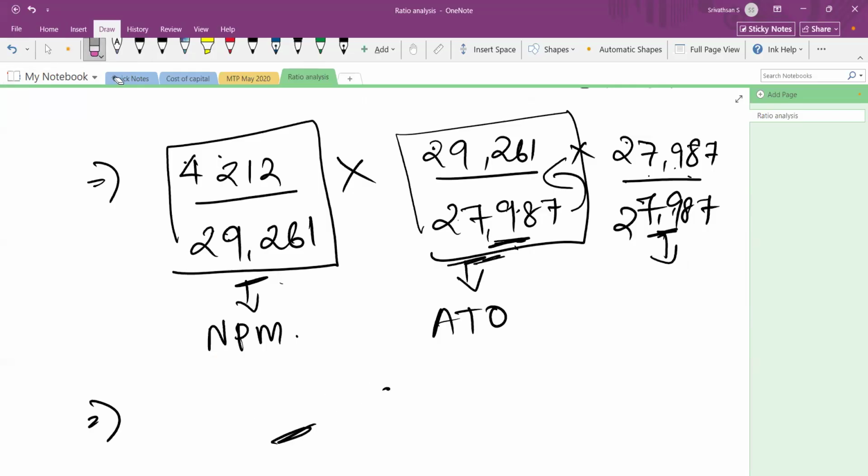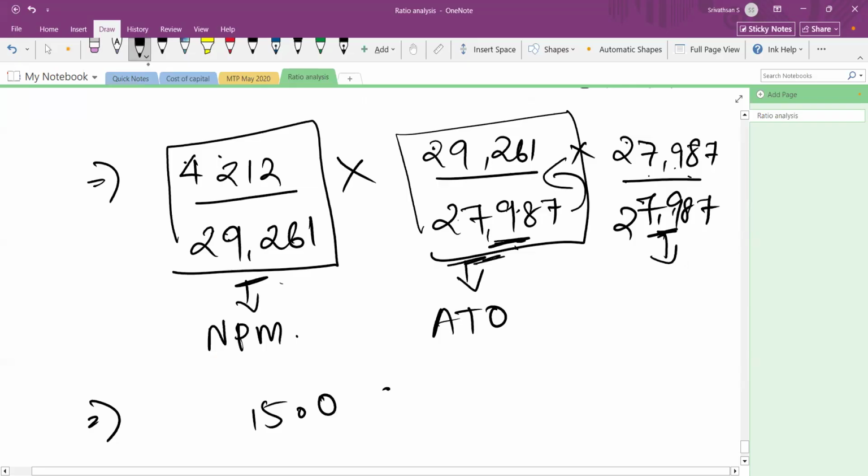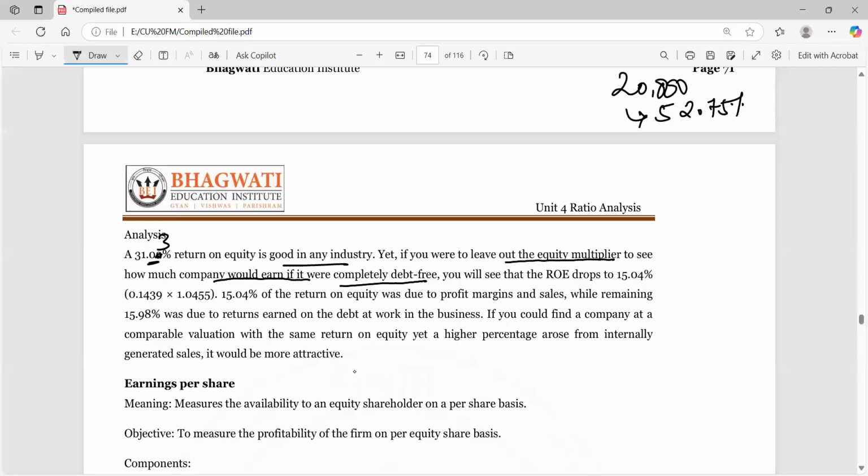It is 15.04%. Right. Now, when you are not using any debt in the capital structure, return on equity is coming down. Now, read the theory, you will understand that if the company is completely debt free, ROE drops to 15.04 percent, which is nothing but net profit margin times asset turnover ratio.